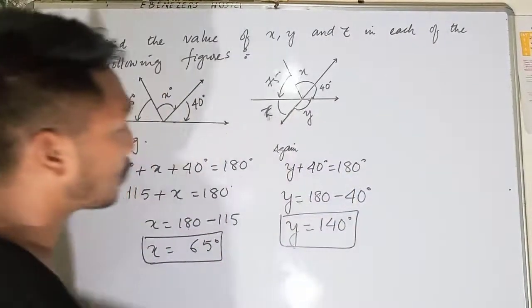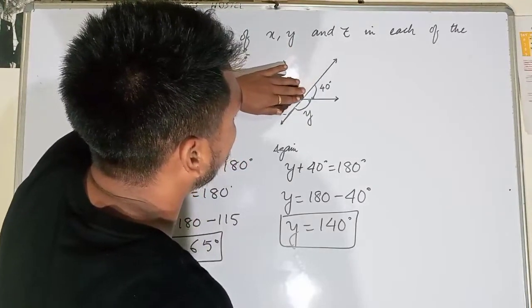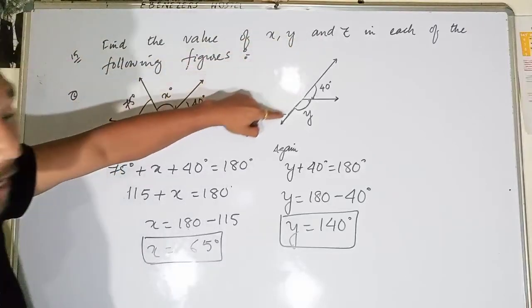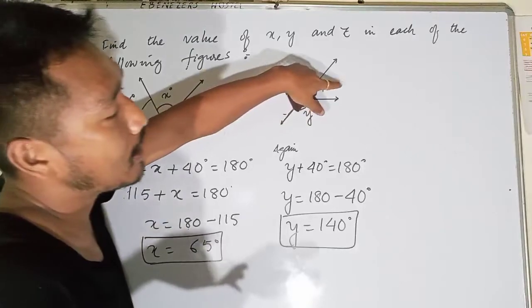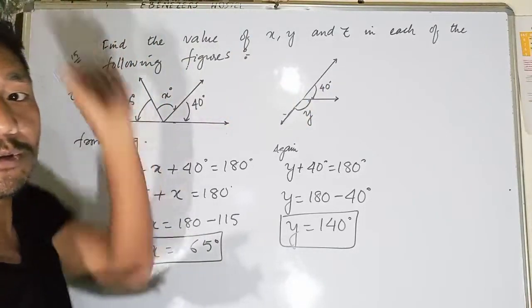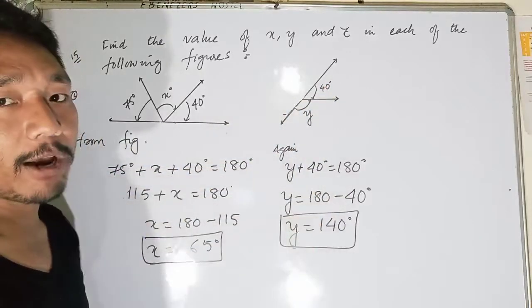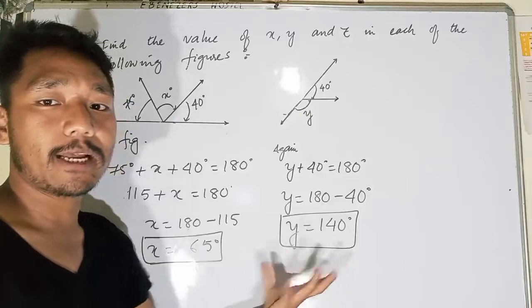But what I did is, I removed all this angle from the back side, and this becomes a straight line, right? And on a straight line, if any angle is standing, that means what? These angles and this angle sum will be equal to 180 degrees, right? So 40 plus x plus y will be equal to 180 degrees. By using this property, we find out this angle y.